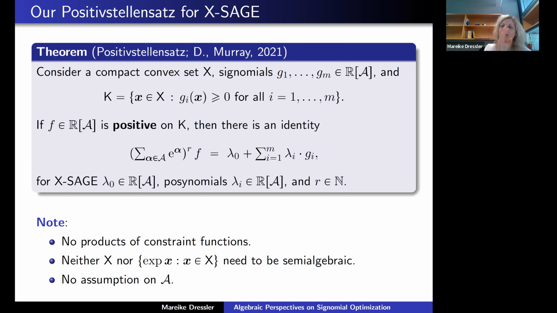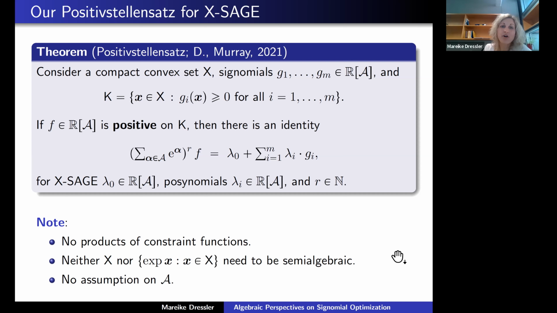So sometimes in previous Positivstellensätze that was an assumption one had to make. And also we don't make any assumptions on the support A. For instance, in previous Positivstellensätze there were regularity conditions like Archimedeanity or something like this. So we totally get rid of that.